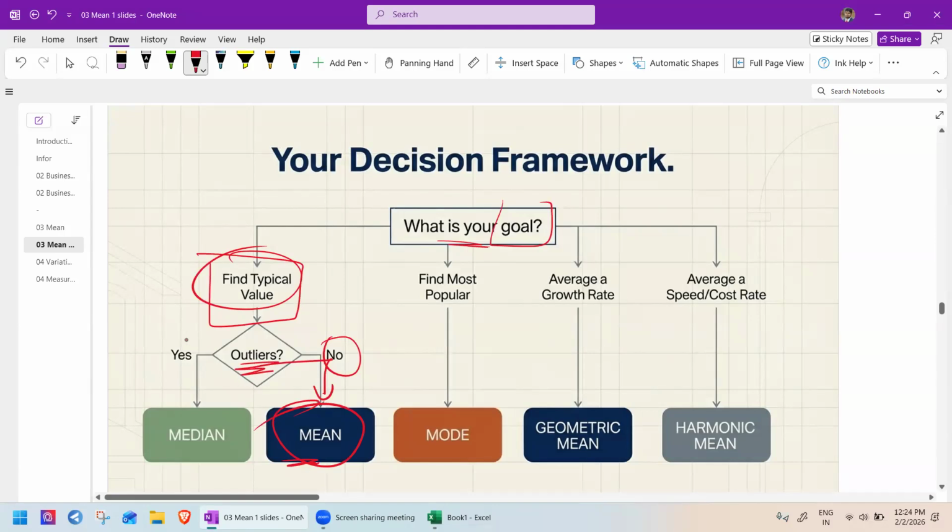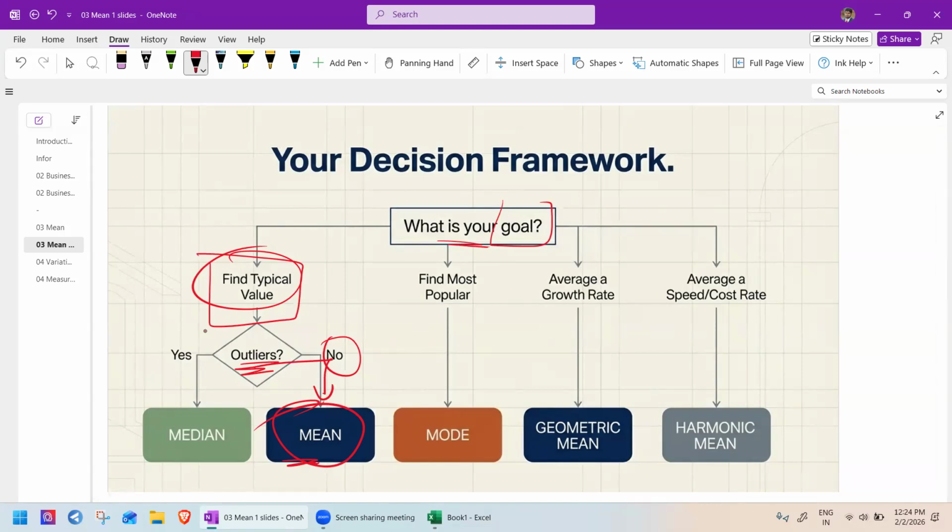If there are outliers, extreme values, like in the previous example of the textile shops' sales revenue, out of 5 shops, 4 shops made sales below 5,000 per month, but one particular shop did 18,000.